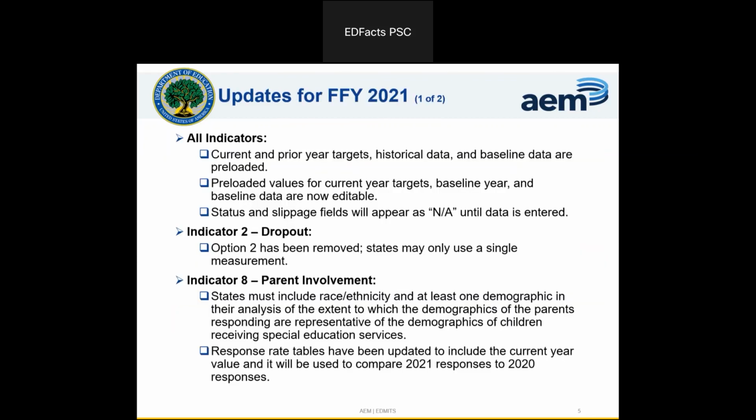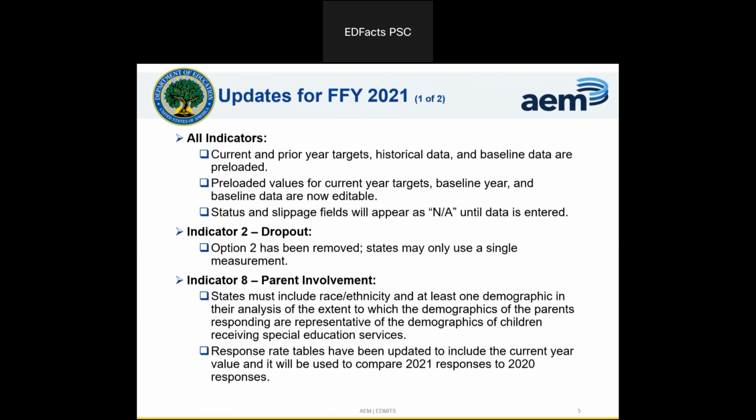All right, the next two slides will highlight the changes and revisions for the SPP APR for Part B for FFY 2021. Starting from the top, there have been some changes to how all indicators behave in the APR tool.